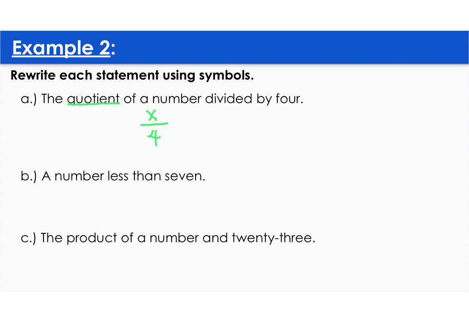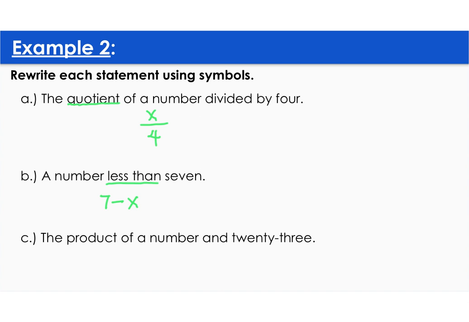A number less than 7. When we start talking about less than, we really need to think about the order, because less than indicates subtraction. And this says a number less than 7. That means you're going to take the 7 and you're going to subtract the number. That number, we don't know what it is, so it's a variable and it's x.